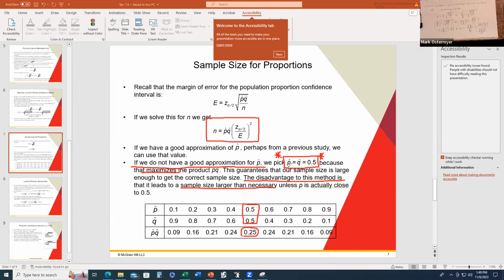So it would not hurt to have an overinflated sample size, one that you did not necessarily have to choose as large, but it can only be better. You never want to err on choosing a smaller sample size than is minimally required, because that will lead to an error in your result. So always err on the side of caution and assign 0.5 to P hat and Q hat if you do not know P hat.